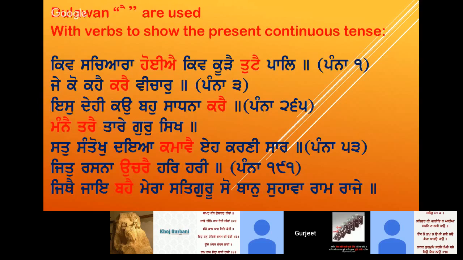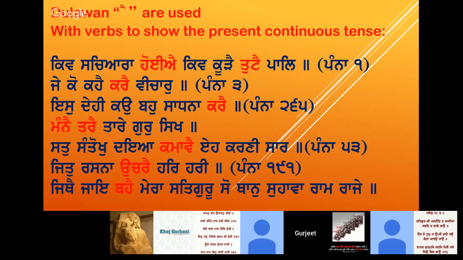Dulama are also used, which I have indicated before, that we have to be very particular, even starting from the first page. Kiv sachara hoi hai, kiv kood hai, tutta pal. I haven't seen people reading until they are trained from somewhere. We normally read kiv sachara hoi hai, kiv kood hai, tutta pal, which is missing all the dalamas.